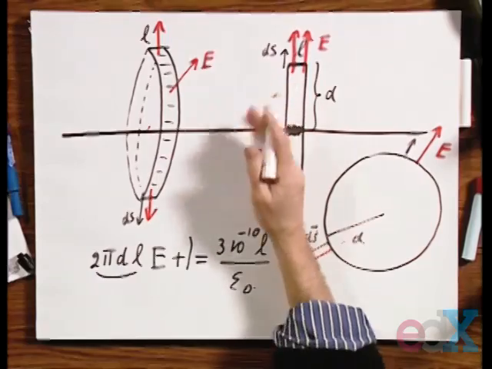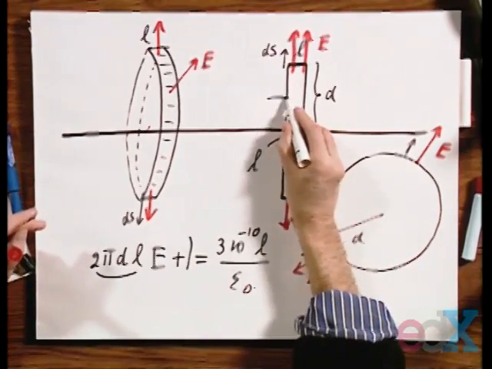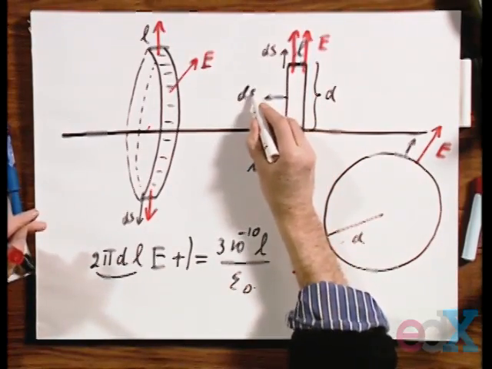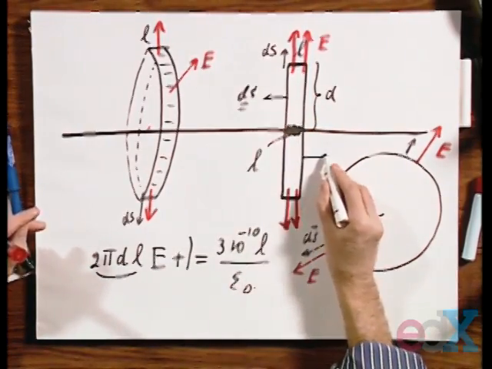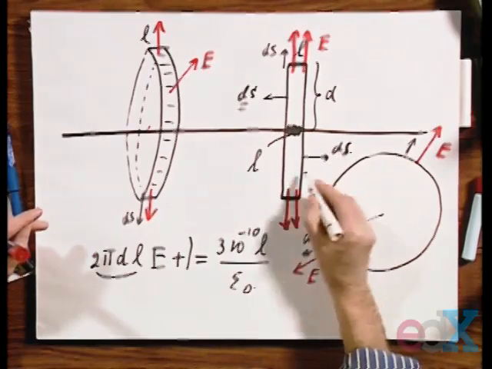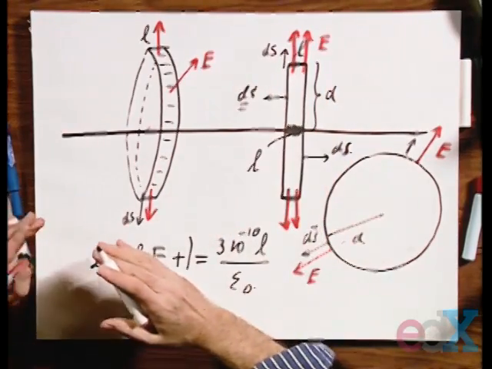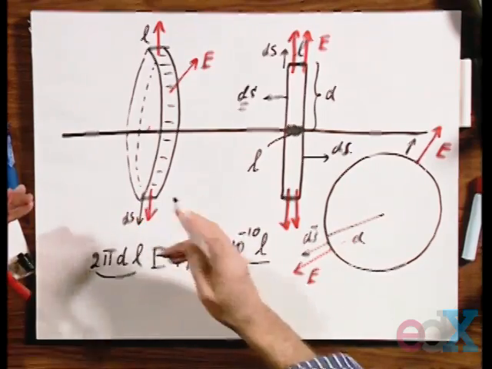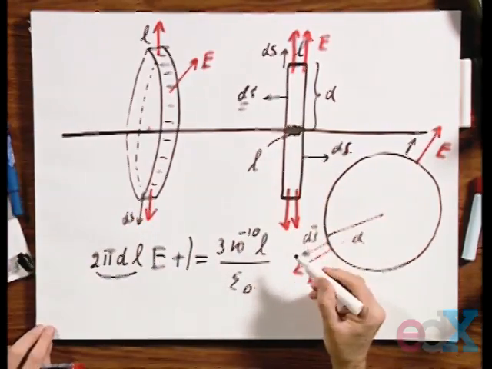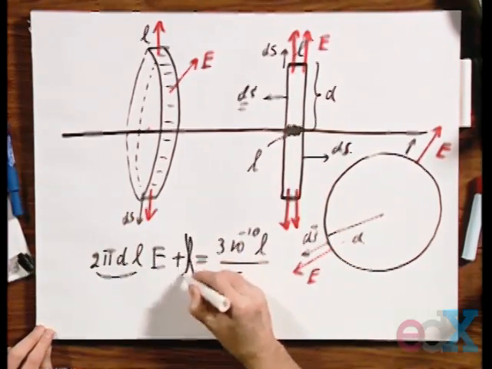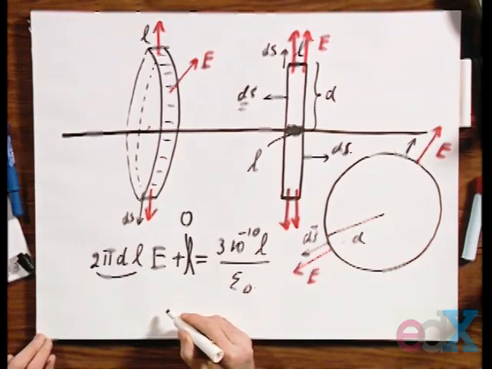The flux that escapes from the sides is 0, because ds is always perpendicular to the surface and is therefore in this entire problem for this side and for this side of the coin, the ds dot E is 0, because E and ds are perpendicular to each other. So there is nothing here. It is 0.